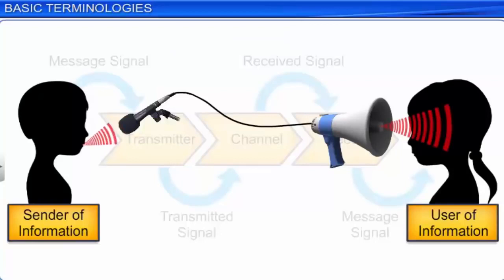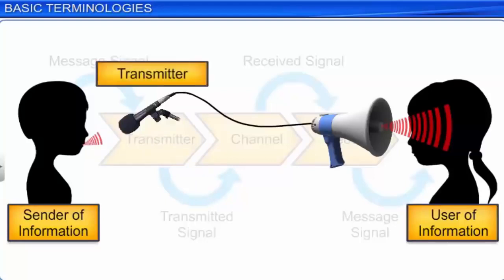The microphone receives the voice signal and prepares it for transmission through the wire. A device that receives the incoming signal and prepares it for transmission through a channel is called a transmitter. Thus, the microphone acts as a transmitter.